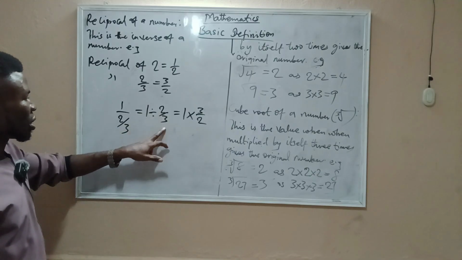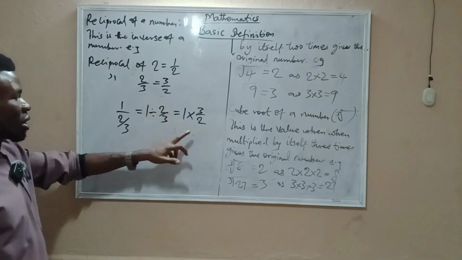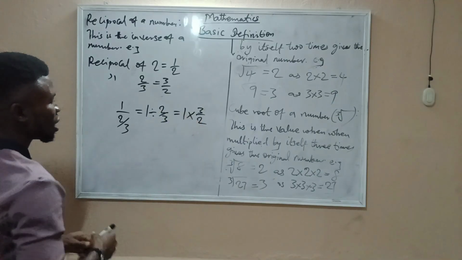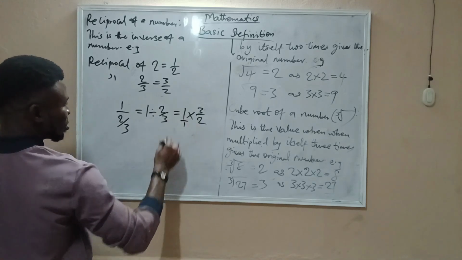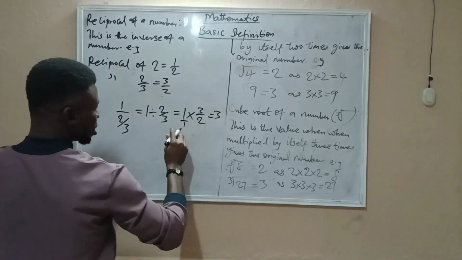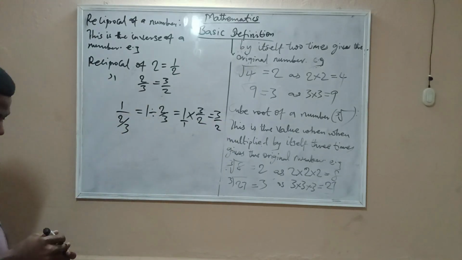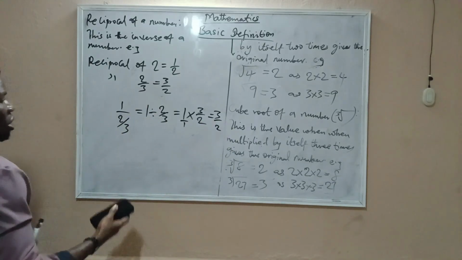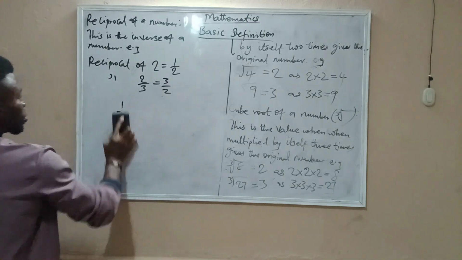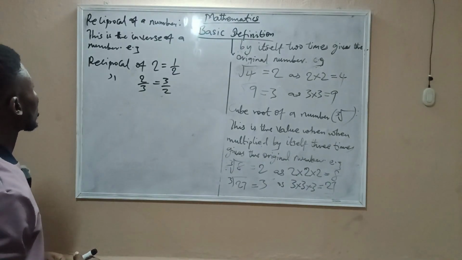The moment we change that division sign to multiplication, we invert the other number, which is 2 over 3. And that is how it's done in mathematics. This 1 is still 1 over 1, so 1 times 3 is 3, then 1 times 2 is 2. So that is how we got 3 over 2. In case you're asked to show working, that is reciprocal.